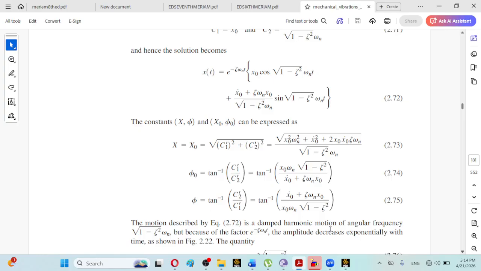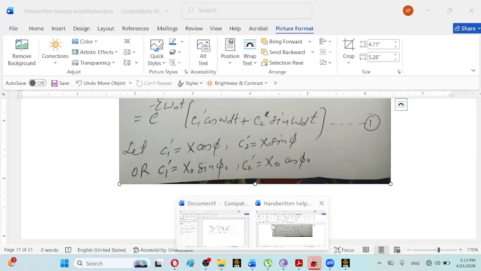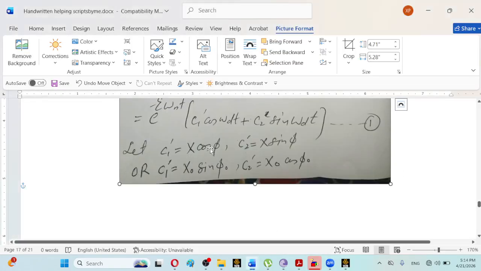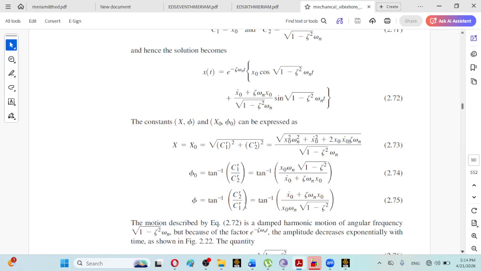and after that we can simply obtain phi naught and phi. In a similar manner, I hope the students have understood that if we want to determine phi, we will be dividing equation c2 dash by c1 dash. So when we divide, x will be cancelled out, and sine phi by cos phi turns into tan phi.